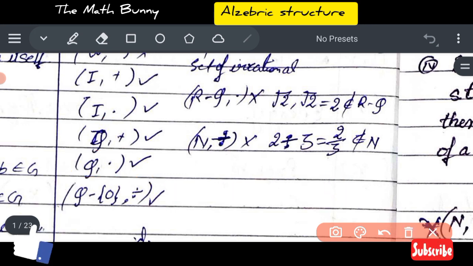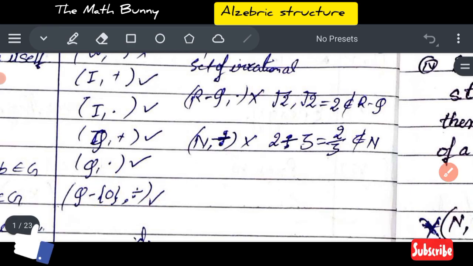But if you erase 0, if you take non-zero rational numbers, then division will be an algebraic structure, because suppose you divide 2 by 3, then the result is definitely going to be a rational number. But if you include 0, then this will not be an algebraic structure anymore.